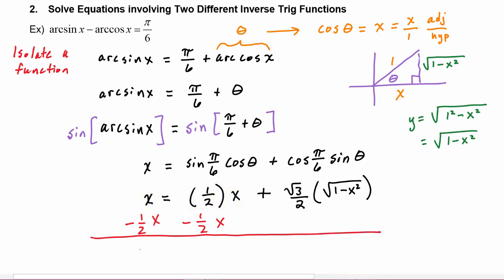And we see that our equation will become 1/2 x is equal to radical 3 over 2 times radical 1 minus x squared. From here, we can multiply both sides by 2, so our equation becomes x is equal to radical 3 radical 1 minus x squared.